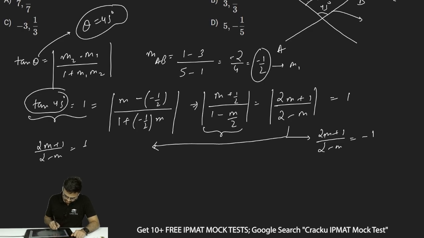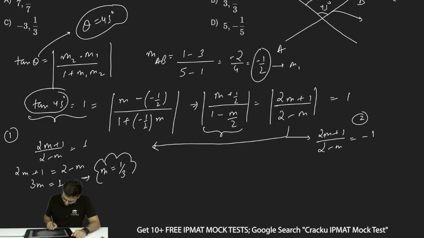If I solve this, the first is case 1 and the second is case 2. In case 1, 2m plus 1 is equal to 2 minus m, or I can write 3m is equal to 2 minus 1, which is 1, or m is equal to 1 by 3. So one of the values can be m is equal to 1 by 3. Now let us solve this part. 2m plus 1 upon 2 minus m is equal to minus 1.